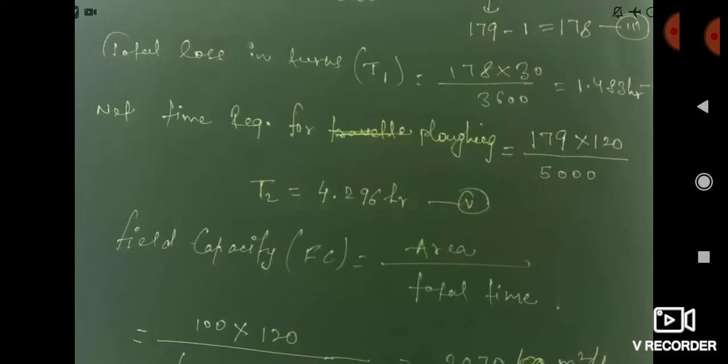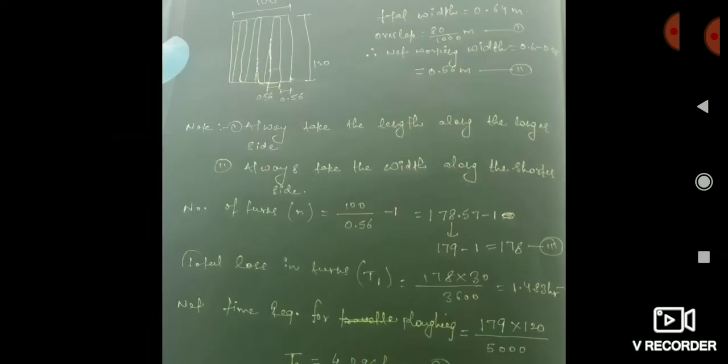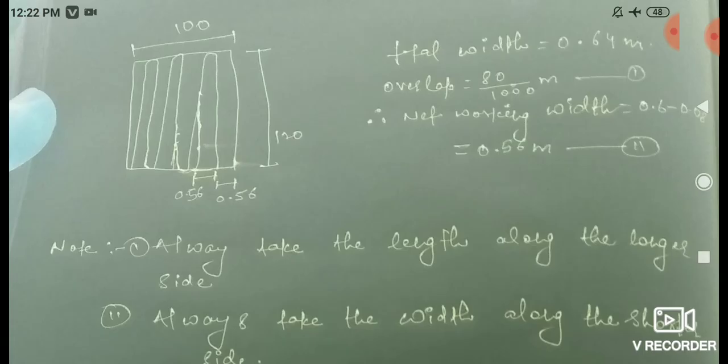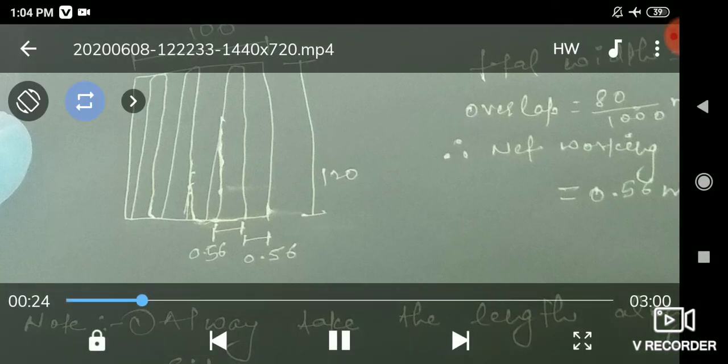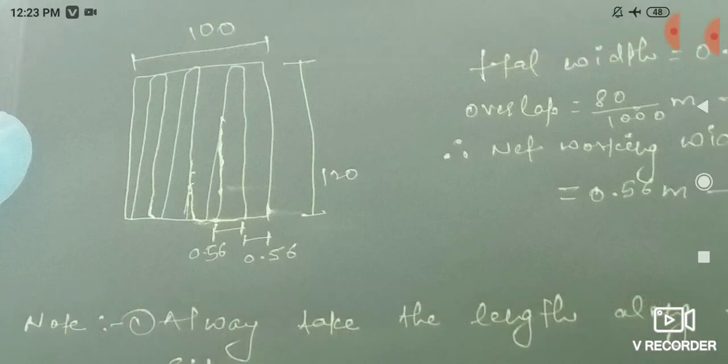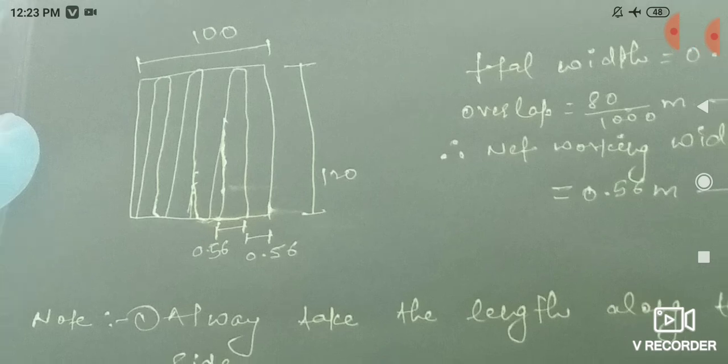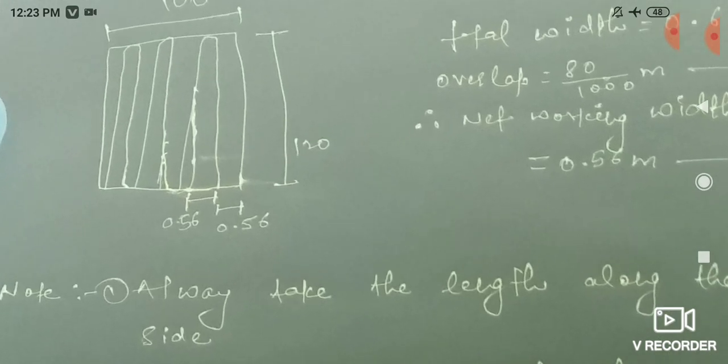Our tractor will move 179 times. Friends, 178 is the number of turnings, means 178 times our tractor will turn, but our tractor will move 179 times. Here movement means straight movement. Turning is a different thing, and movement is a different thing. You can clearly draw 3 lines.